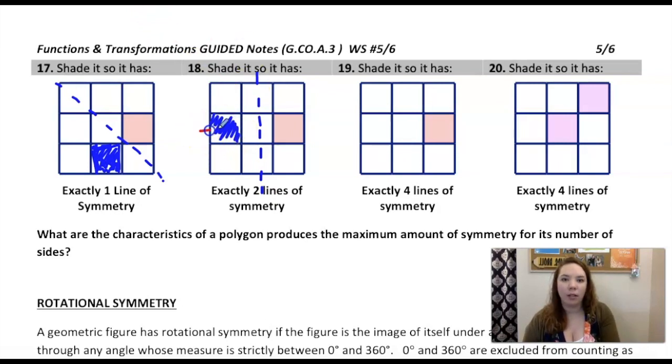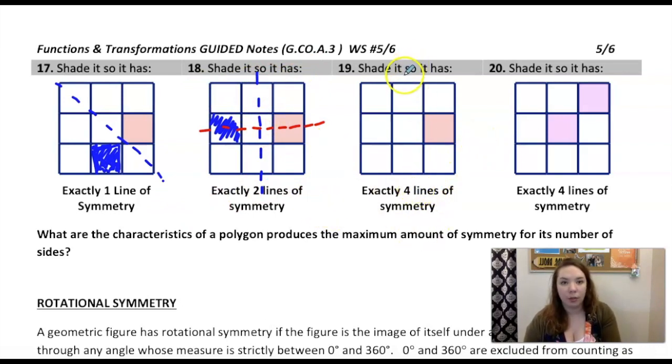But that's actually 2 lines of symmetry. So the only way to get exactly 1 for this figure was to do it diagonal. So you can already see this one has 2 lines of symmetry. You could have also done 2 diagonals. That would have worked also.